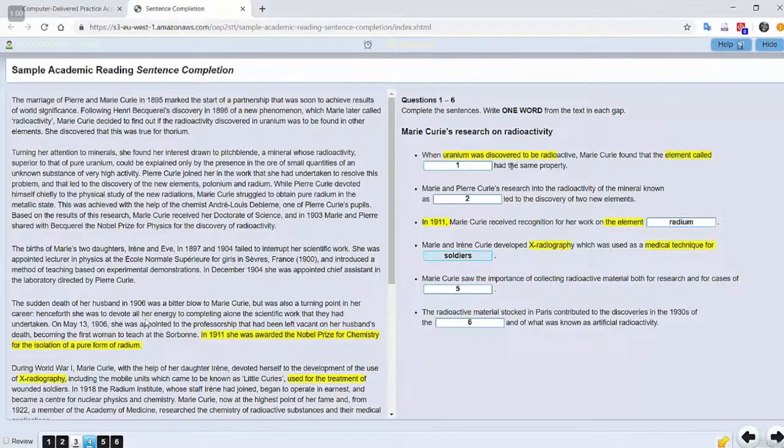Had the same property. So not uranium, but another element. So let's look for that language. Okay, here it is right here.